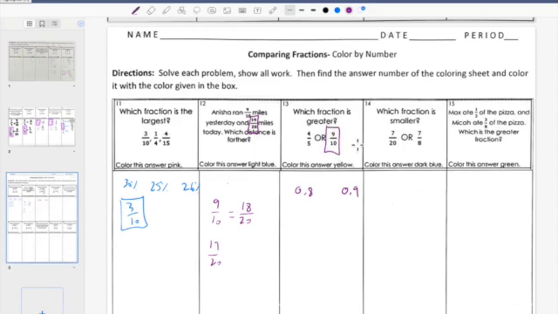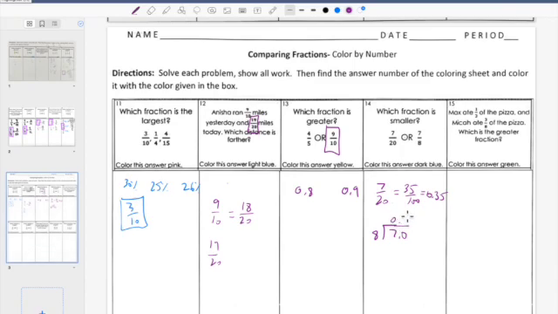Which fraction is smaller? Okay, let's see. I know that 7/20, if I multiply that by 5, I get 35/100, which is the same as 0.35. And if I take 7 and divide it by 8, top dog goes in the house, remember?